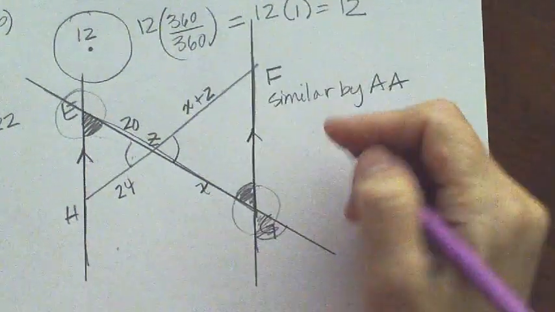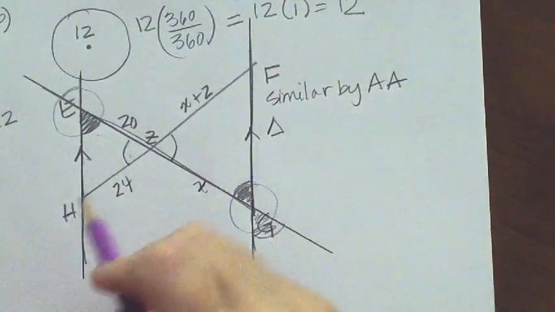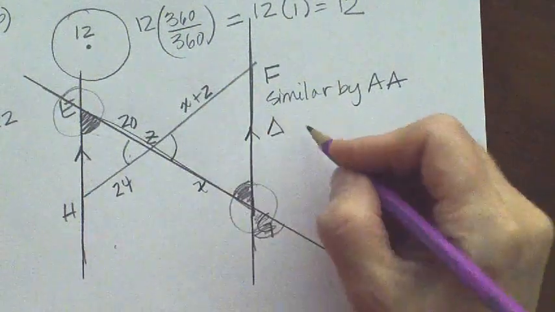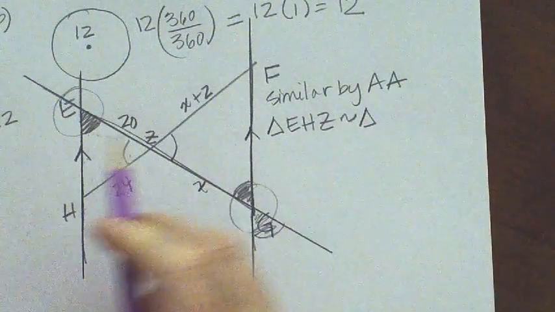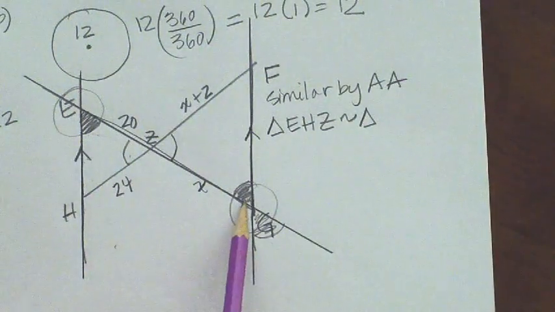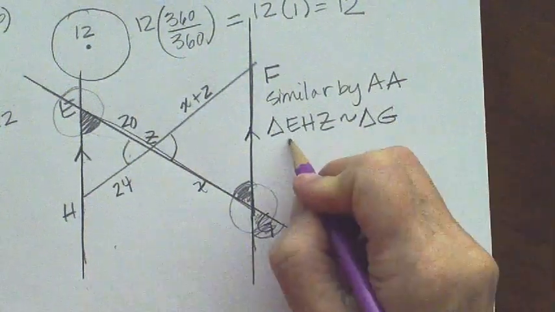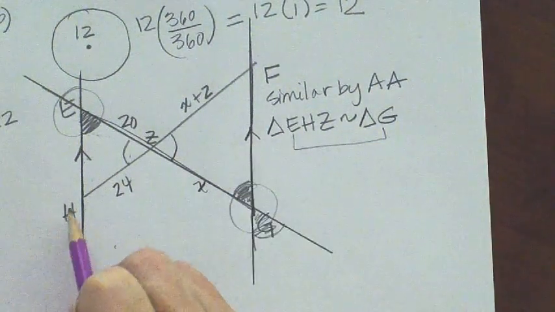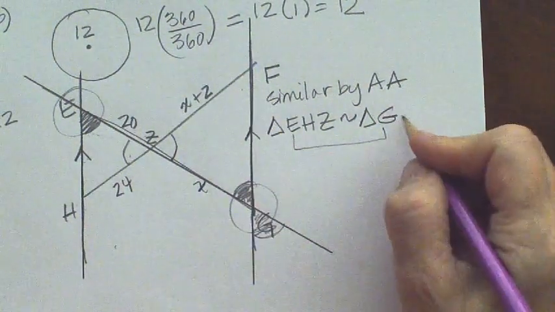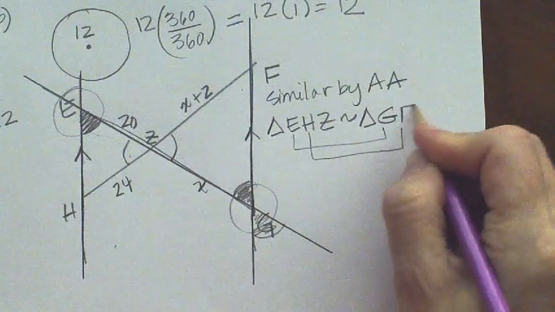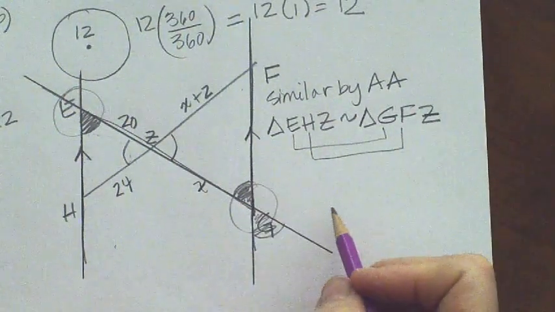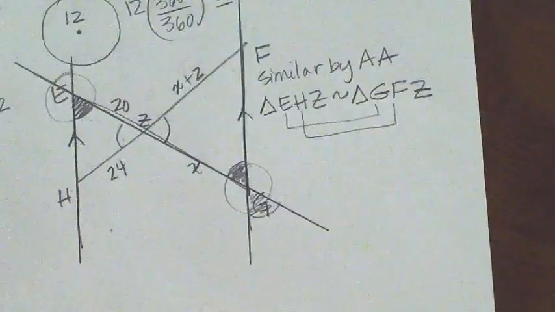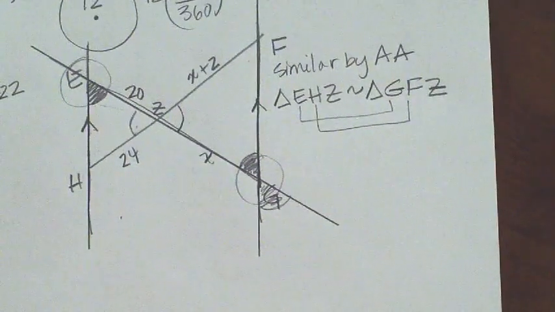So let's go ahead and write this statement. We would have triangle EHZ similar to triangle E corresponds to G. So E is first, G has to go first. H corresponds to F. H is second, F would have to go second, and then Z corresponds to Z. So from that statement, I'm going to write a proportion.